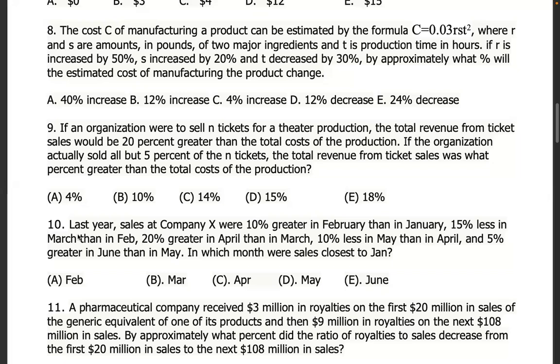What is the answer? I don't understand this line: the organization actually sold all but 5% of the tickets.